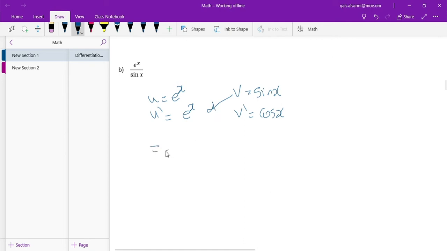So let's use our rule here. The rule is v u dash minus u v dash over v squared. We will return back to the rules later inshallah. So now replacing v u dash and u v dash over v squared.